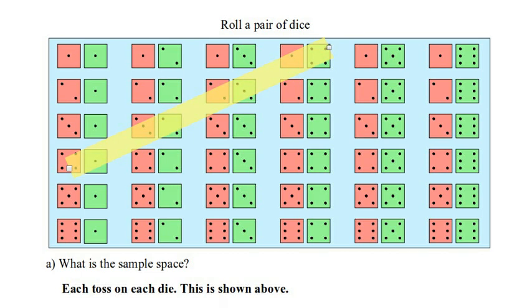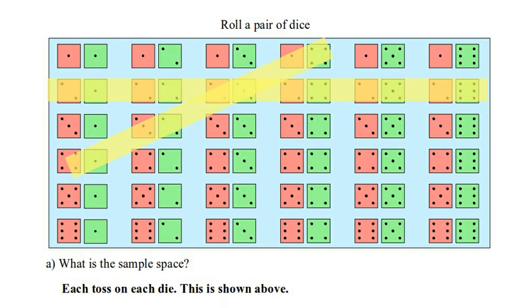Now we're interested in the first die being a 2. And so here's the first die being a 2. And notice that there is overlap. In other words, it is possible for both of these things to happen. You can have a sum of 5, that's the diagonal. You can have a first die that shows a 2, that's the horizontal, and it overlaps at 2, 3.